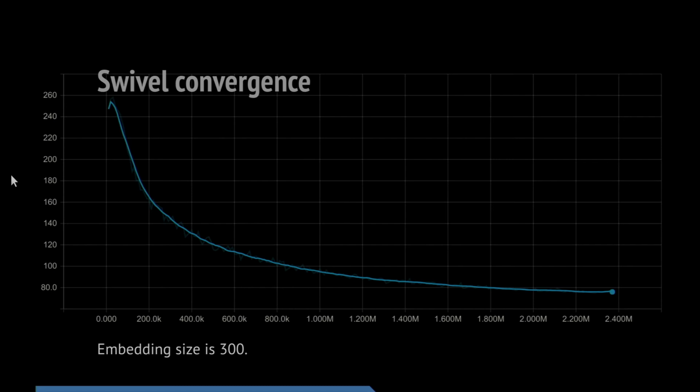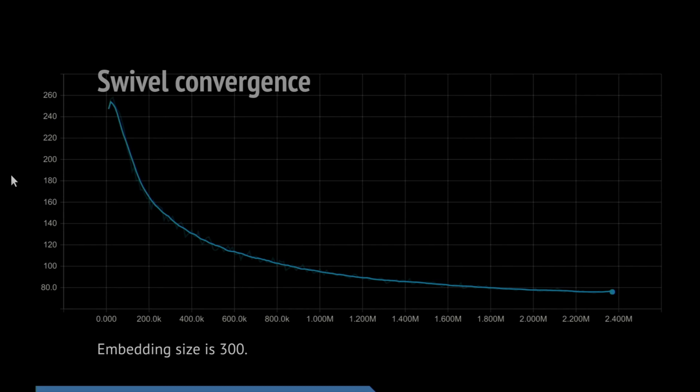It's not obvious how 80 compares to the initial 260, but from my experience, if you have 3 or 4x convergence, it means it learned something useful and works well. We set embedding size to 300 and the window size to 20, if I'm not mistaken.